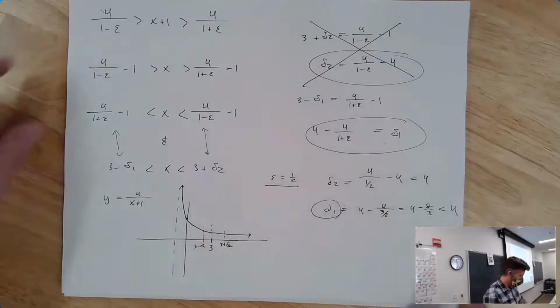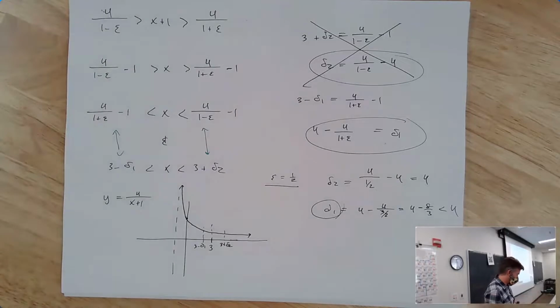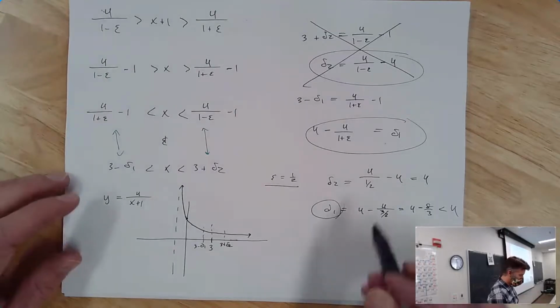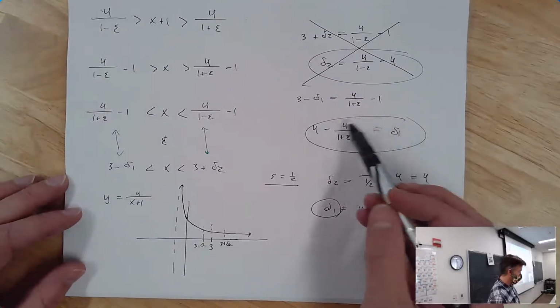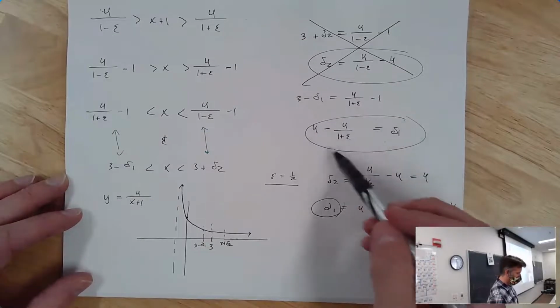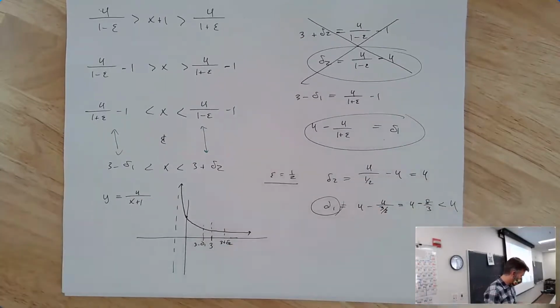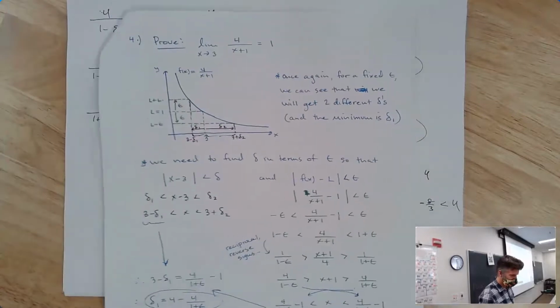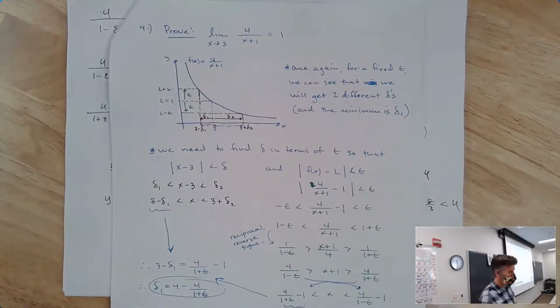And then the proof after we've done all this is not too terrible. We know that if x minus 3 is less than this delta 1, right? So in fact, let me just point out that Grant is a much better picture drawer than me.